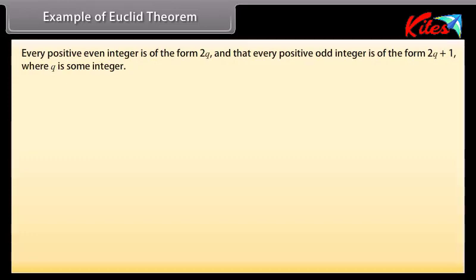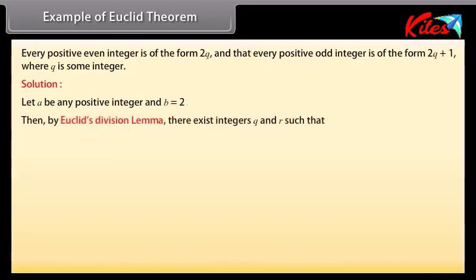Example of Euclid theorem. Let us now prove that every positive even integer is of the form 2q and that every positive odd integer is of the form 2q plus 1, where q is some integer. Solution. Let a be any positive integer and b is equal to 2.